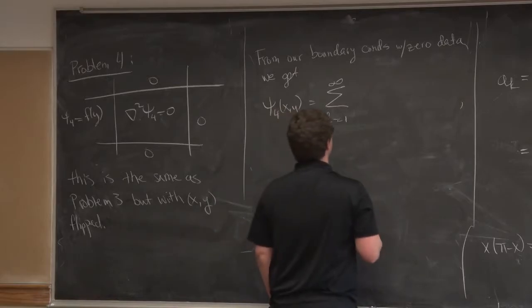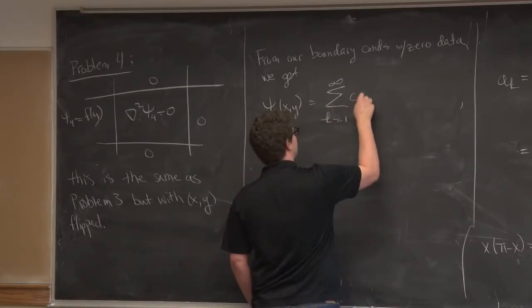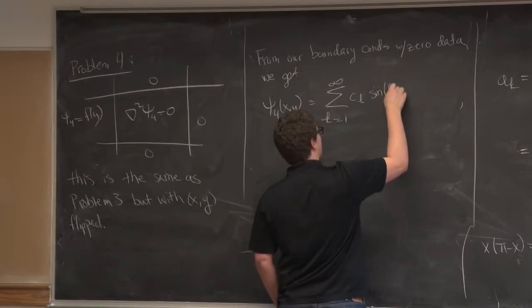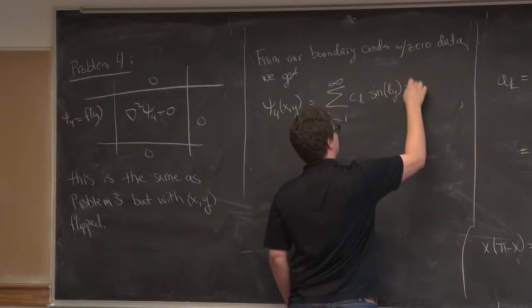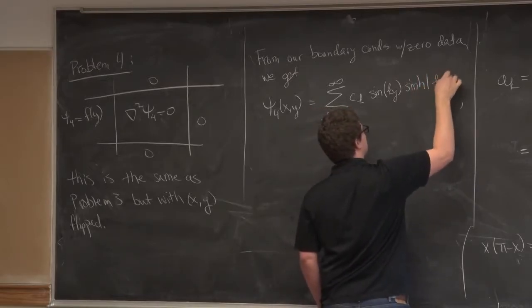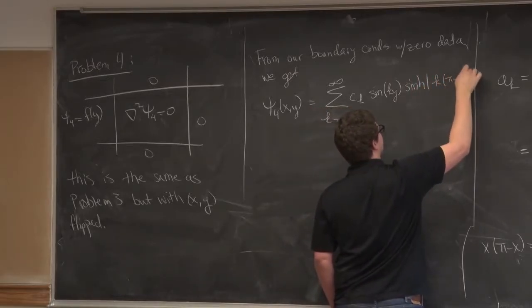So we have something like the sum from k equals 1 up to infinity of c_k sine of ky, now hyperbolic sine of k (pi minus x).